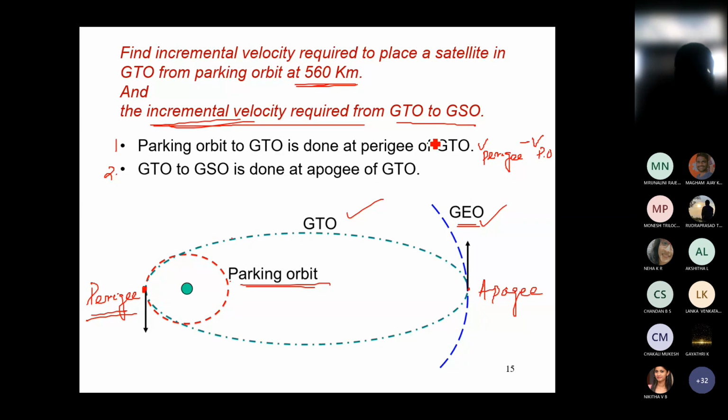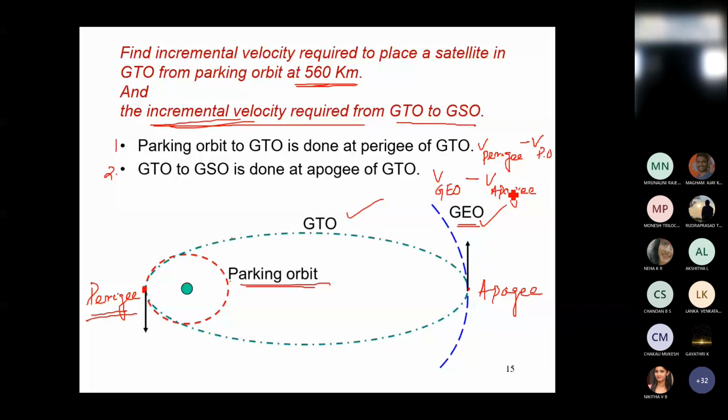So this difference will give us the incremental velocity when the satellite moves from parking orbit to GTO orbit. For the second stage, when the satellite changes its orbit from GTO orbit to GSO orbit, the additional velocity we require is the velocity in the GEO orbit minus the velocity at apogee.